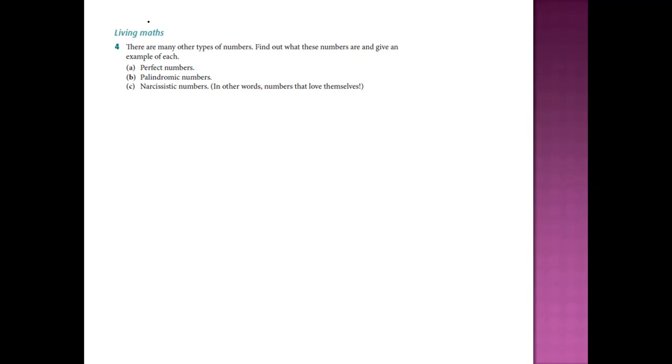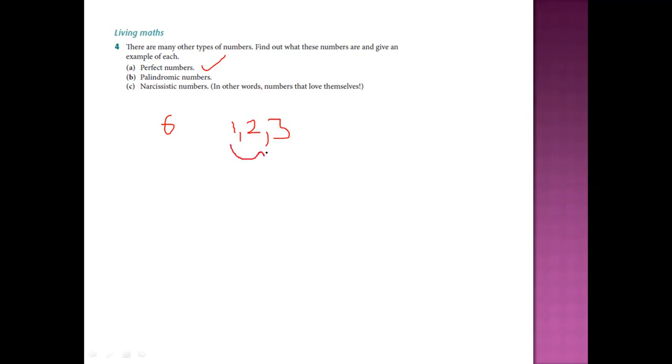Okay, for example, 6 is a perfect number. Why? Because the positive divisors of 6 are 1, 2, and 3, and 6 itself.